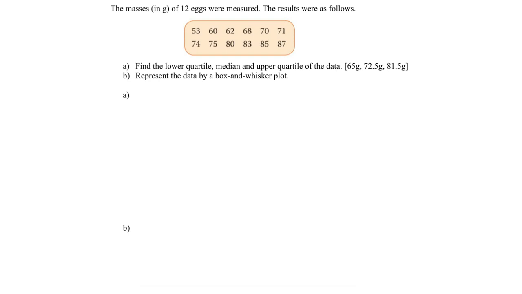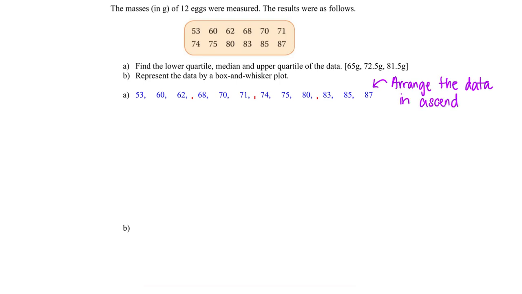The very first thing is we must arrange the data in ascending order. Okay, once we do that, there are 12x. I'm going to look at where is the middle point to find my median.